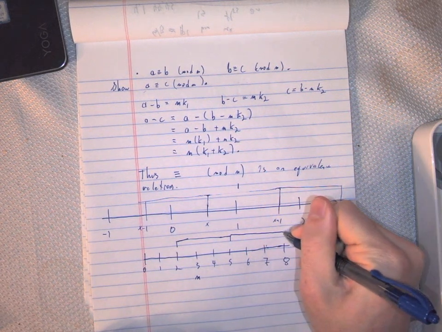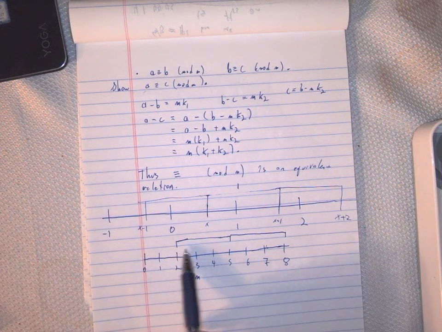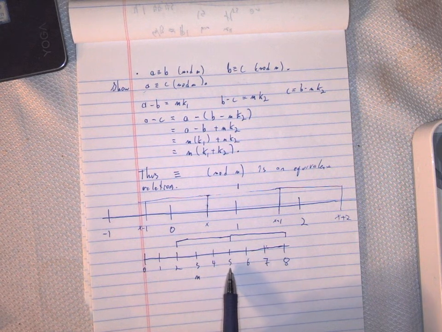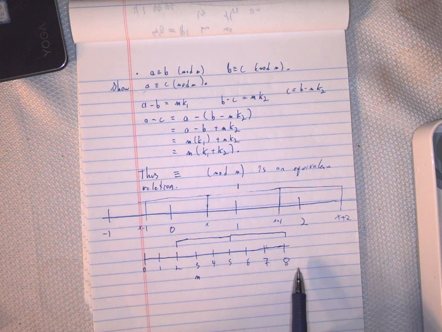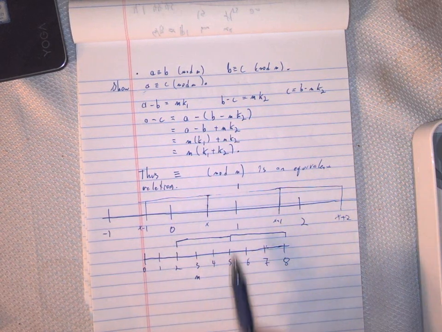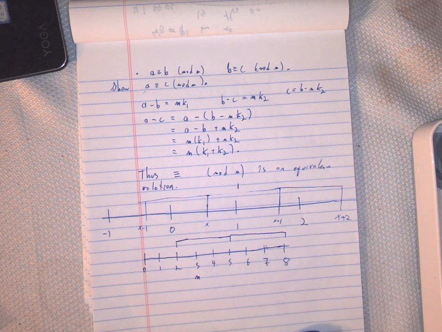These are all the things that I can get by moving by 3, right? 2 and 5 have the same remainder when they're divided by 3. 2 and 8 have the same remainder when divided by 3, etc. So these two examples that I've given are really the same idea.